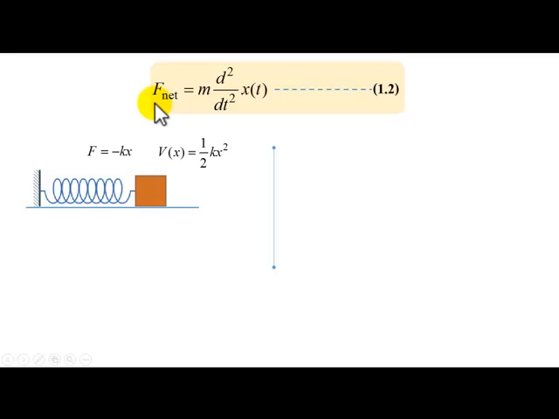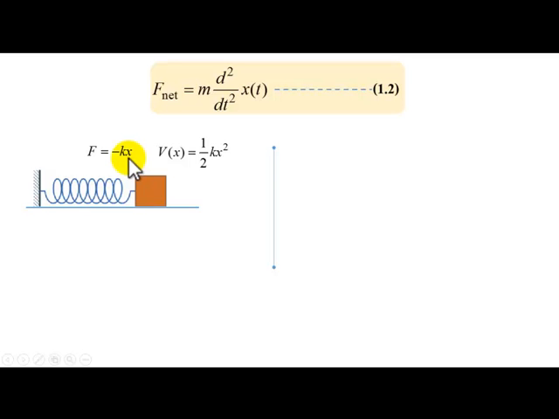Consider a mass m moving under the influence of a spring. We know that the force due to the spring is F equals minus kx.